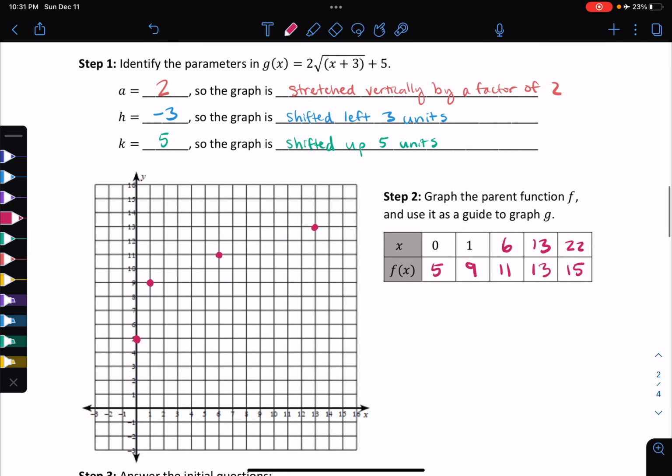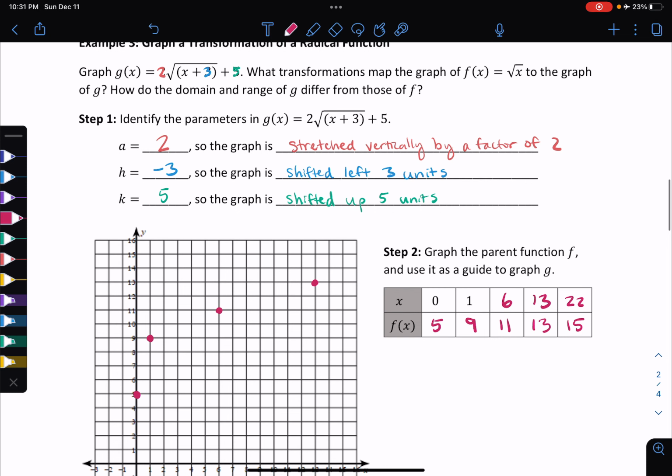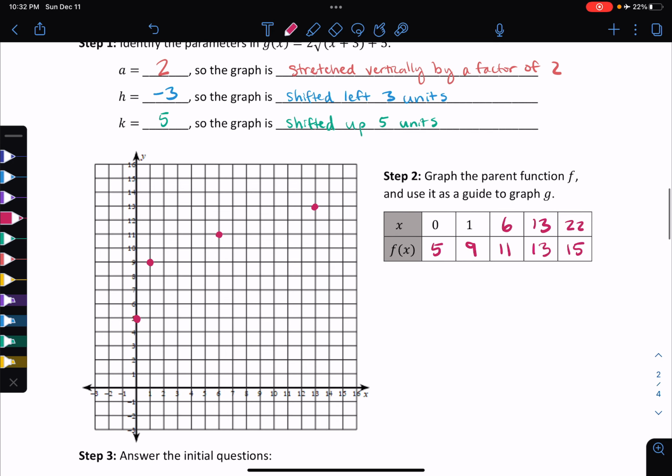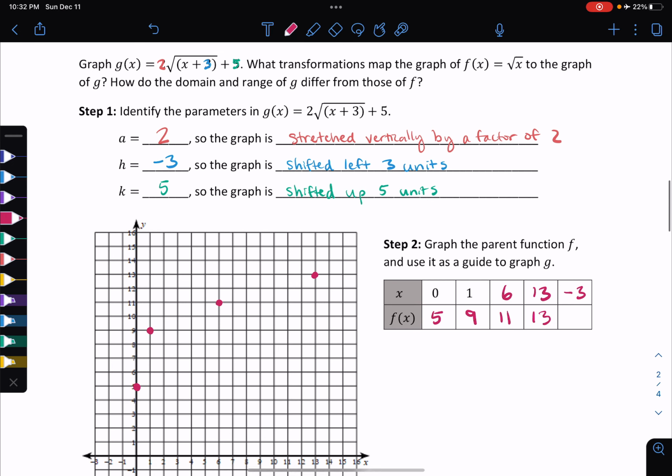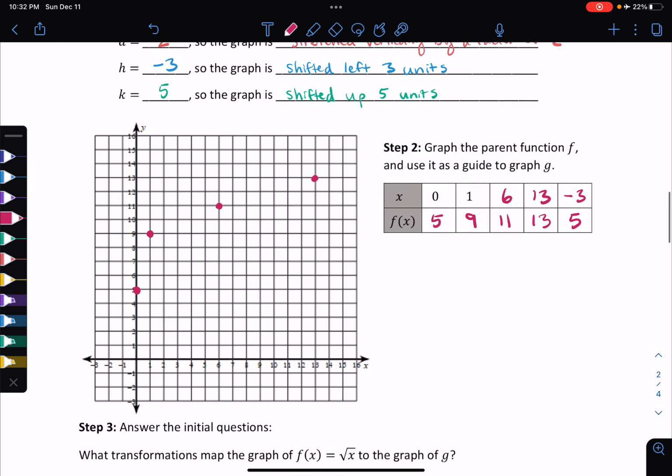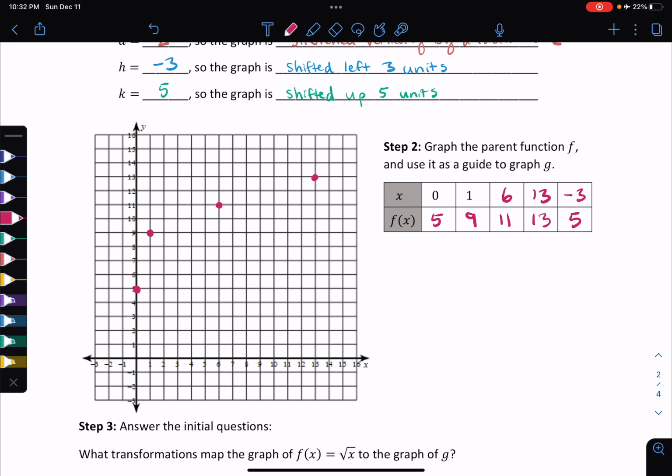All right. So far, we probably should have put in some where x became equal to 0, right? Let's see. Yeah, if I plugged in -3, for example, maybe we'll just take off this 22. If I plugged in -3, for example, this would have made the interior part equal to 0, right? And I would get that 5. So -3 and 5.